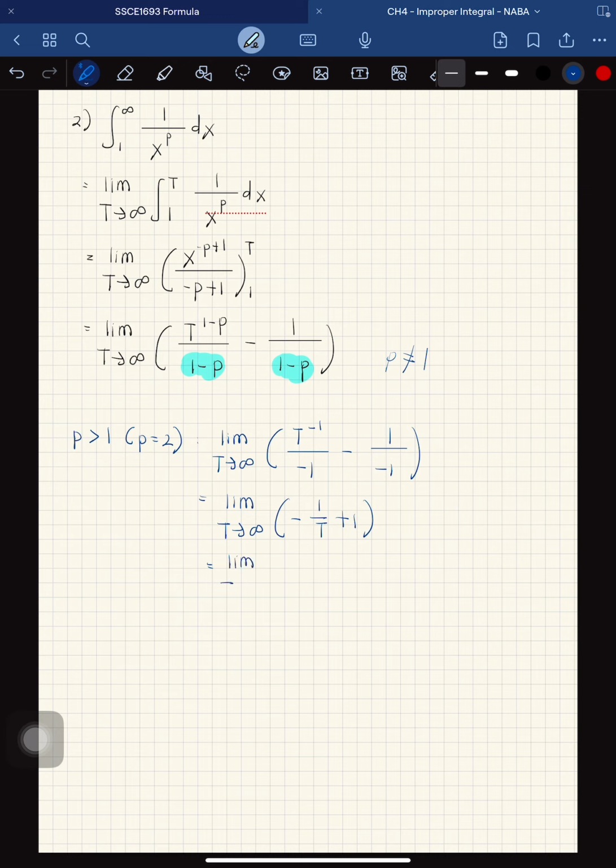Negative 1 over infinity plus 1 is equal to 0 plus 1, so we get 1. So it converges.